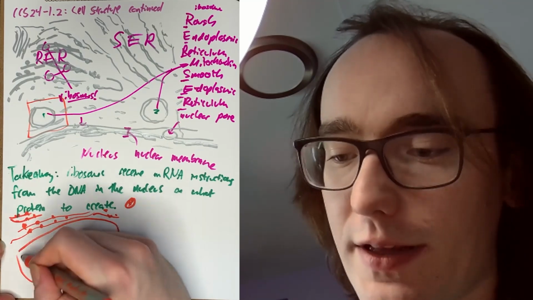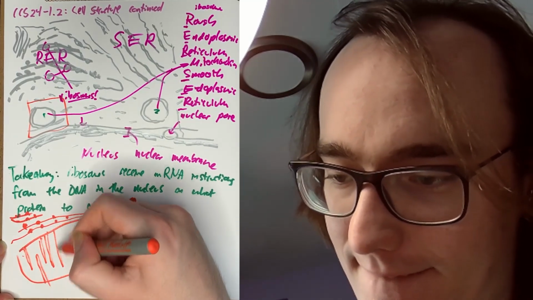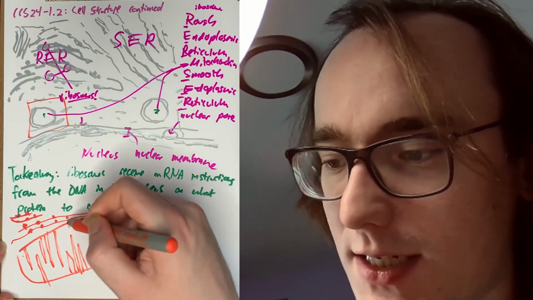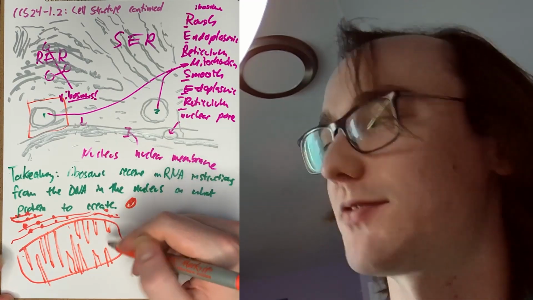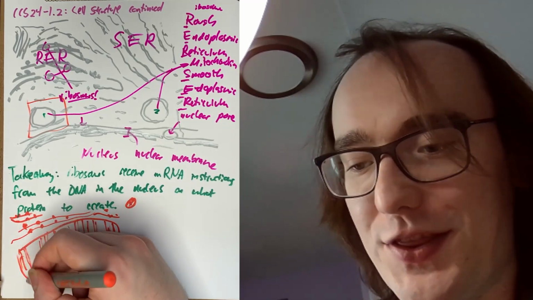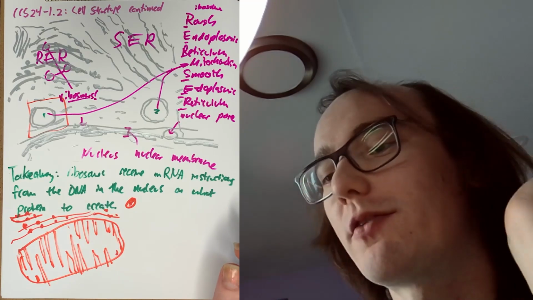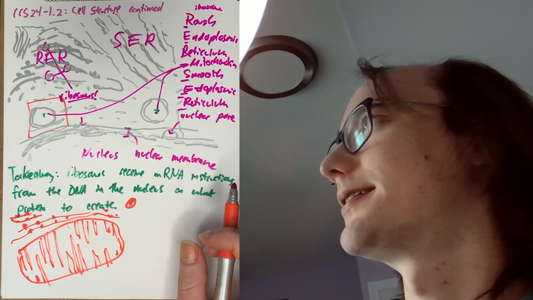So internally, the structure is famous. It's basically this plated structure. It has this internal, very distinctive set of plates. These actually are functional, and they play a role in how the mitochondria generate energy, but I don't want to talk about that right now.